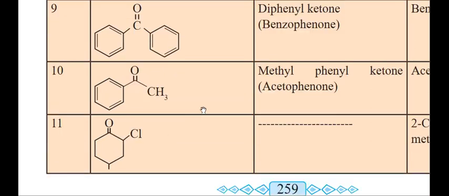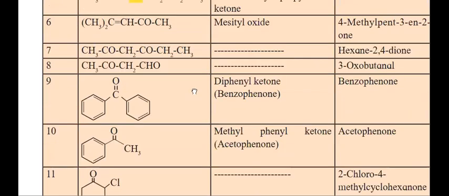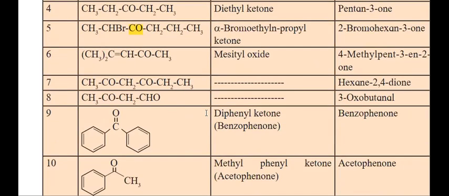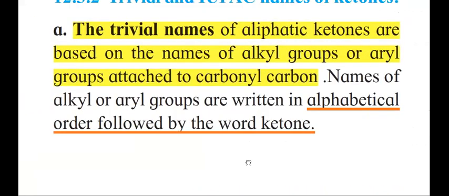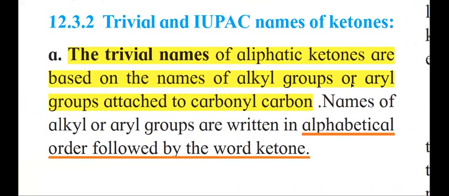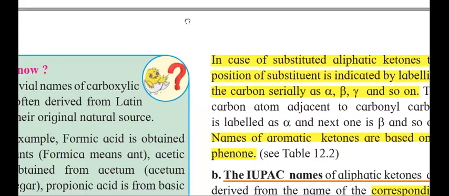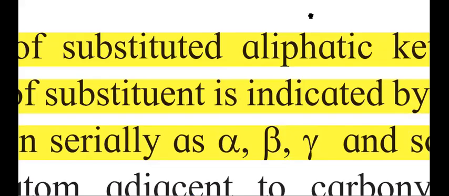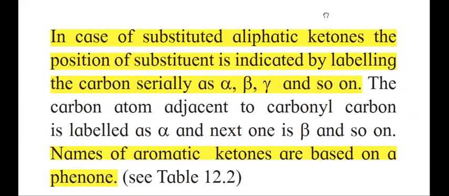A very simple nomenclature system: we arrange in alphabetical order and at the end add the word ketone. This is the trivial naming system. Substituents are represented by alpha, beta, gamma, delta, epsilon, omega, and so on.